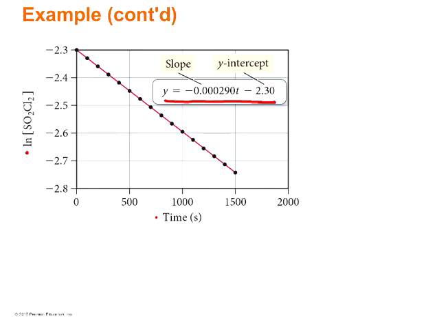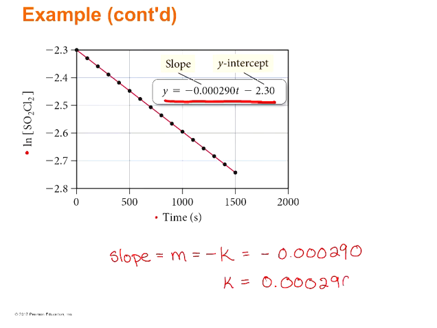So remember that the slope, M, is equal to negative K, which is negative 0.000290. So that means that our rate constant K is 0.000290. Now, what about our units for K?